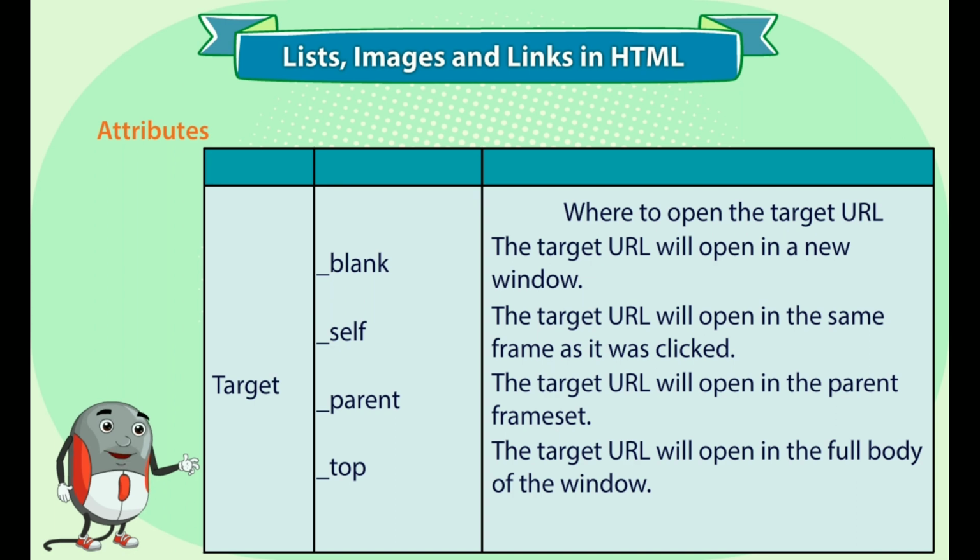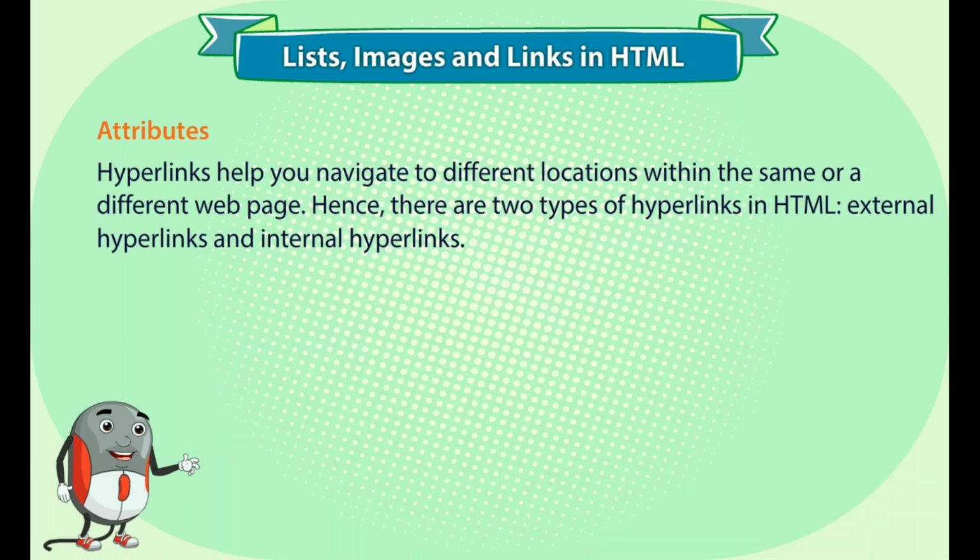The target URL will open in a new window. Underscore self, the target URL will open in the same frame as it was clicked. Underscore parent, the target URL will open in the parent frame set. Underscore top, the target URL will open in the full body of the window.